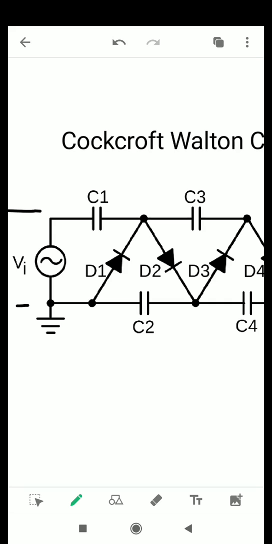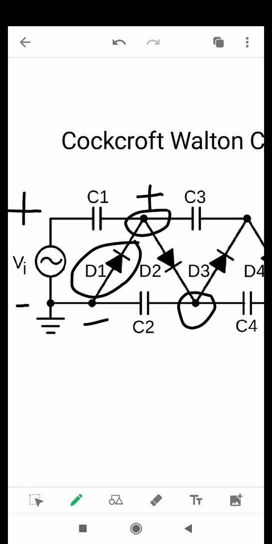Now this terminal will be positive and this terminal will be negative. So in this condition diode D1 will be reverse biased. This is negative and this is positive. Now this junction is at positive potential and this junction is at negative potential.